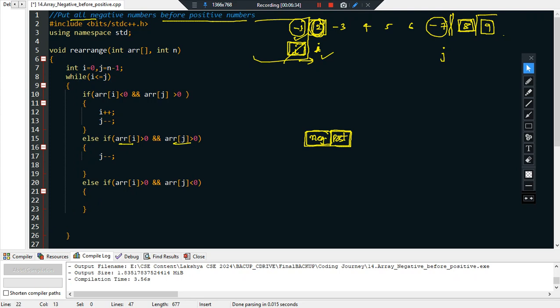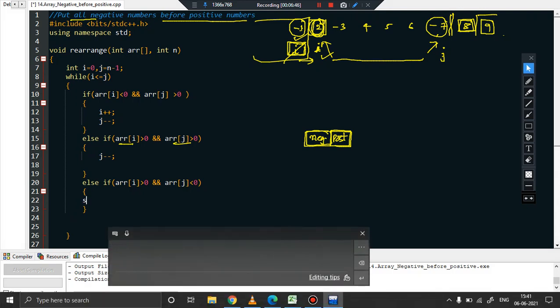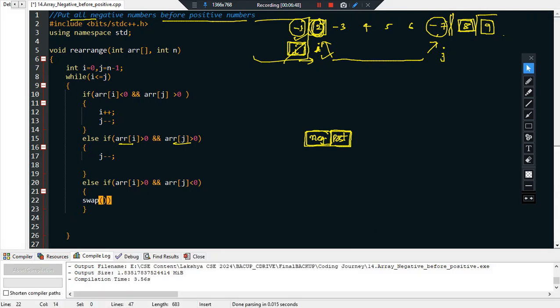You can clearly see, because array of i is pointing to a positive element, and we know that a negative element should be here, and j is pointing to a negative element, and we know that a positive element should be here. So why not do one thing? Why not swap them? We can swap them, right? So we can just say swap array of i, array of j. So they will basically swap their position, right?